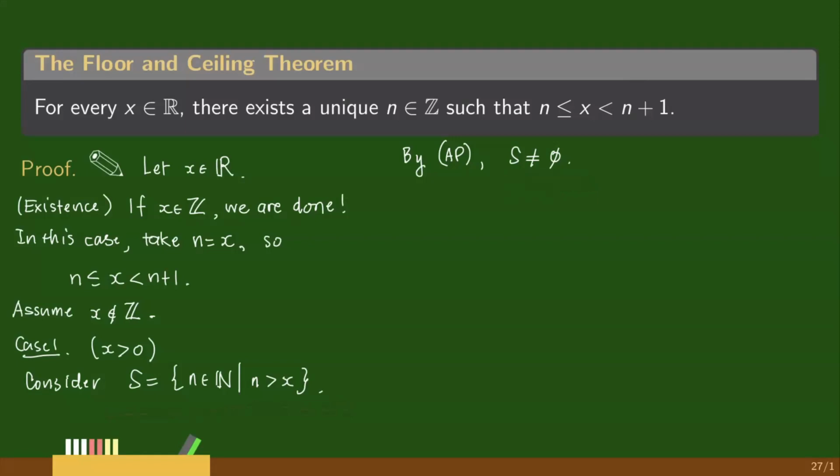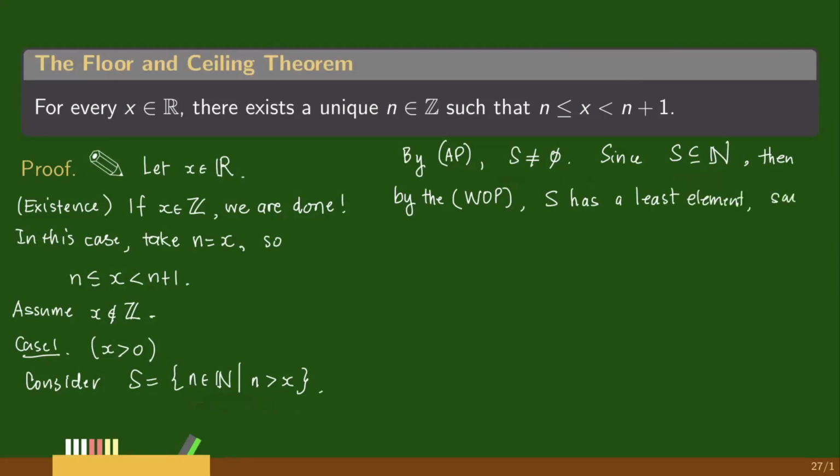Okay. Since S is a set of natural numbers, it's not empty. Then by the well-ordering principle, S has a least element.